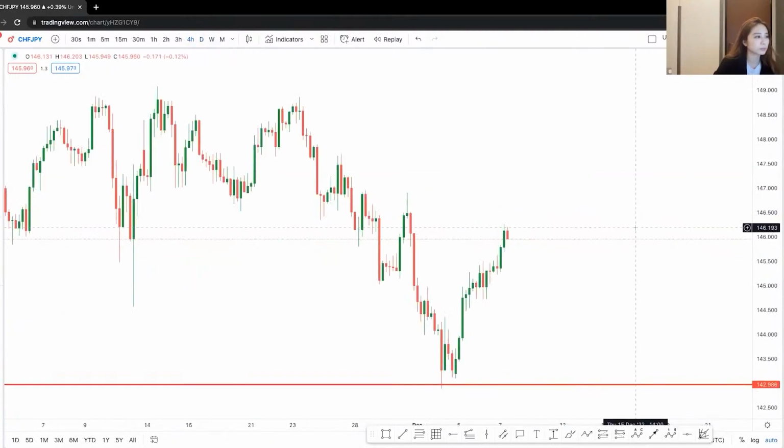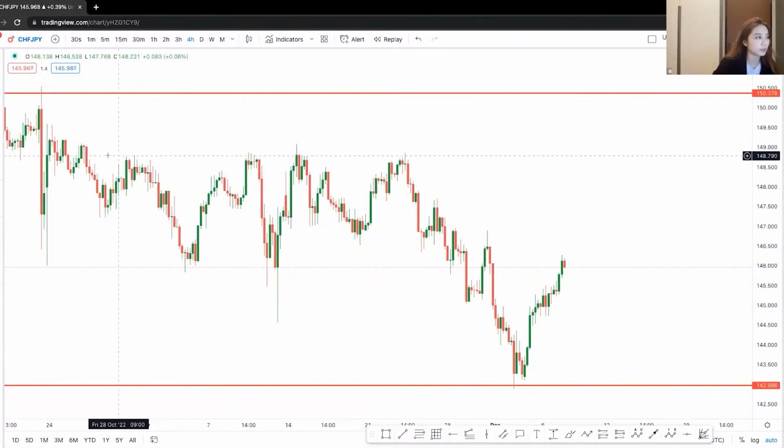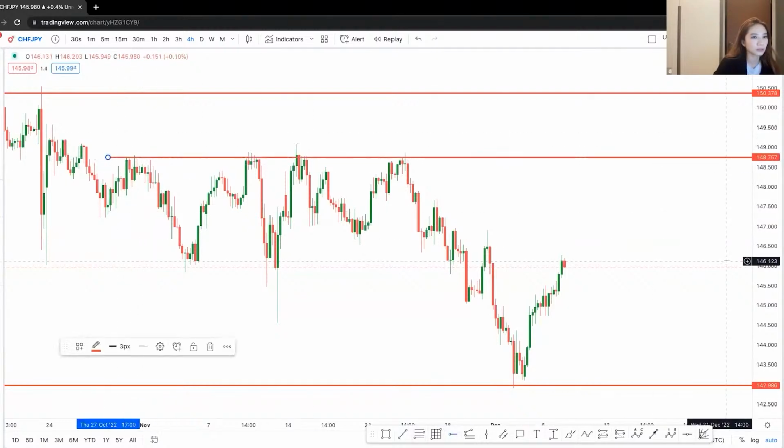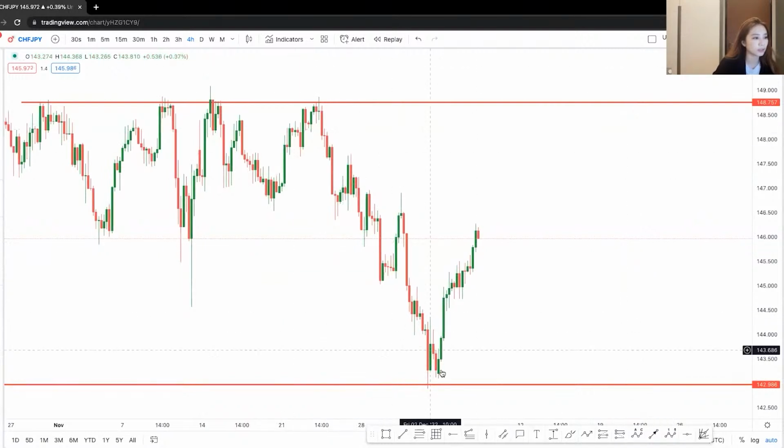H4. Very obvious. The nearest resistance we are looking at is here, 148.757. There's a chance that price is actually making a V-shaped recovery back up. It was before that a downward moving.